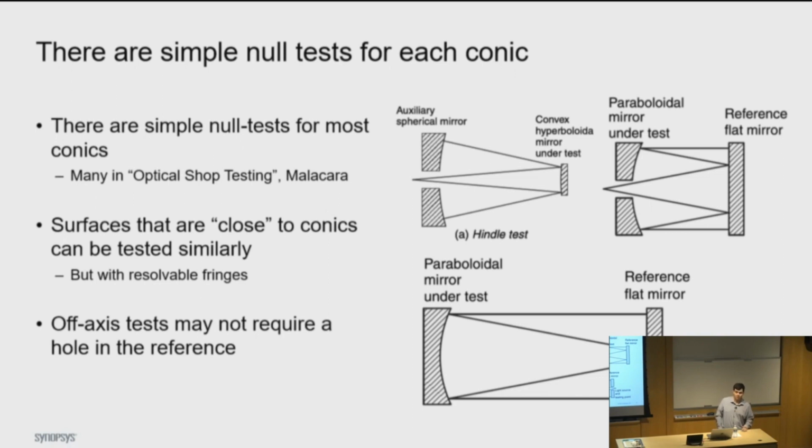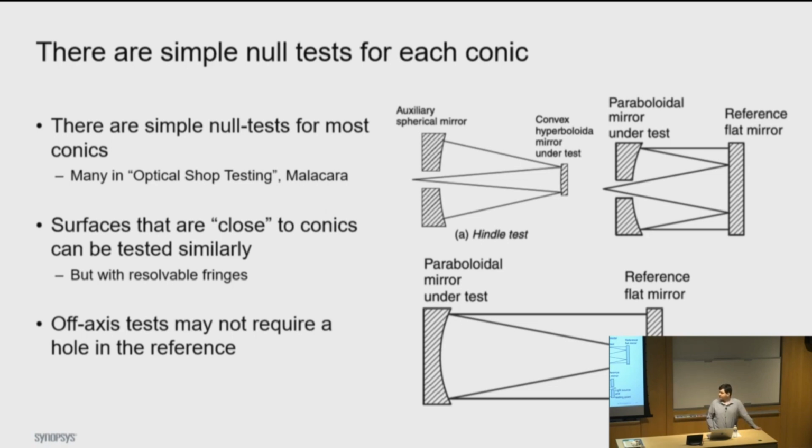When it comes to freeforms, the advantage is that a freeform surface that is close to being a conic can be tested in a similar fashion. If you're close to a conic, then you are going to be close to being stigmatic, and so you might be able to perform a test like this with resolvable fringes, and in that sense perform your interferometric test.